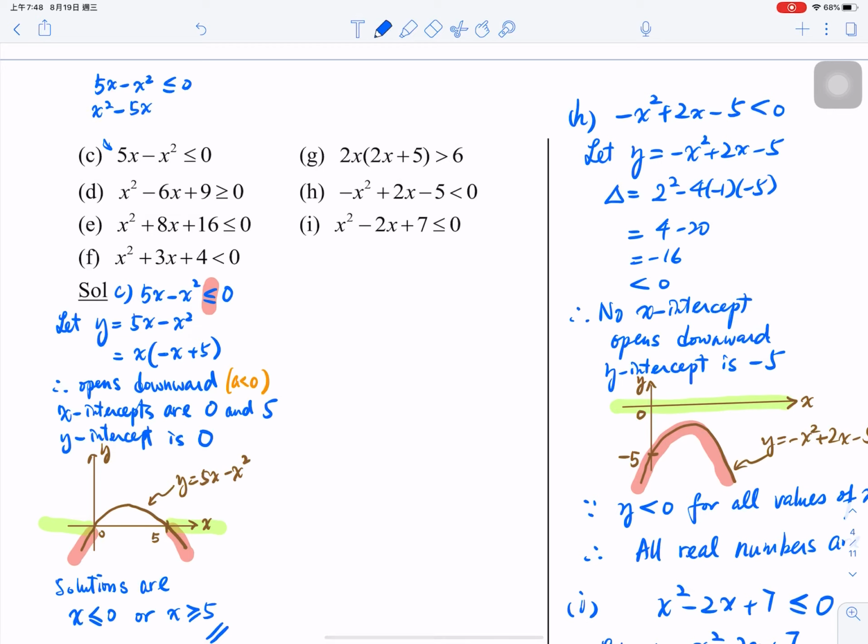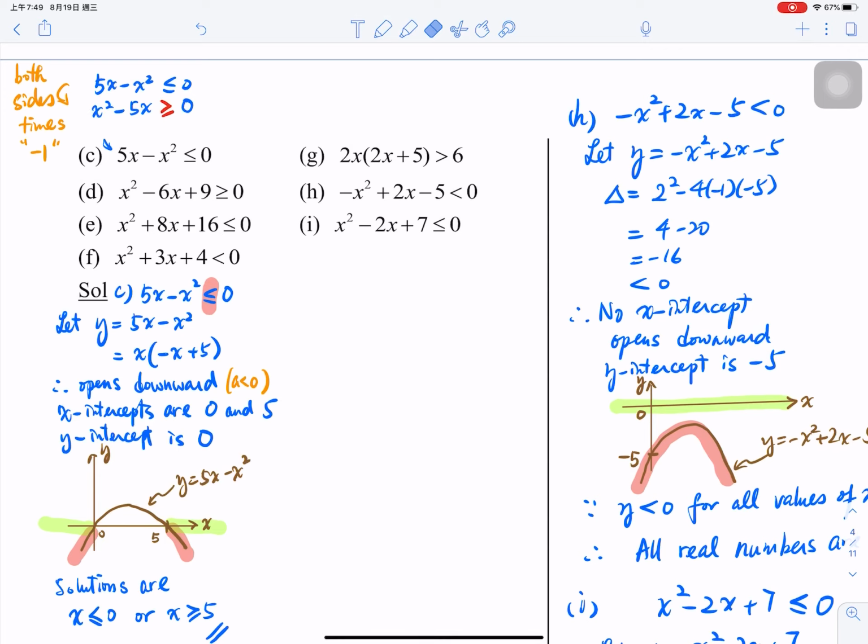Do you know why? Both sides times negative 1. Okay, so the inequality sign changes and you get this one. You see? This one greater than 0, I mean a greater than 0 now. So this inequality opens upward, greater than 0, so two sides of the x-axis, then you can get the answer, right? So you can do it like this.